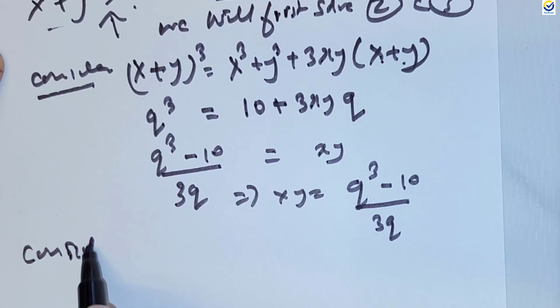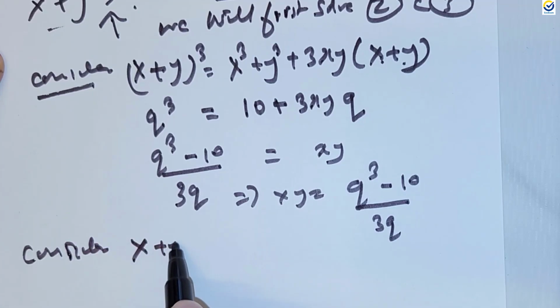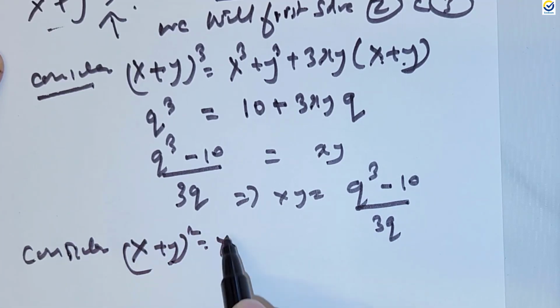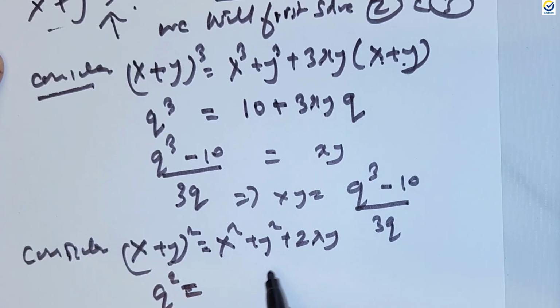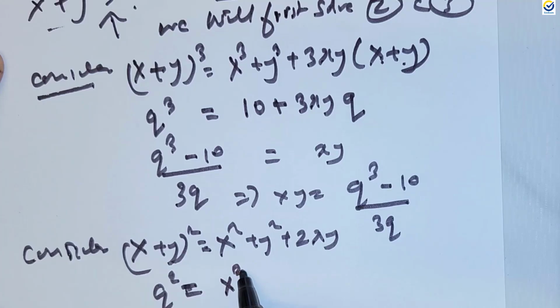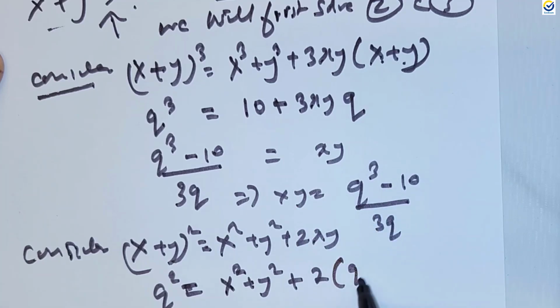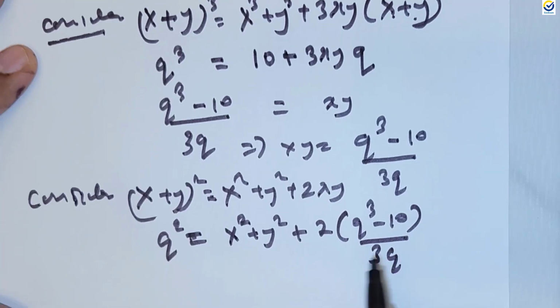Next we will consider x plus y the whole squared, which is nothing but x squared plus y squared plus 2 times xy. Now x plus y is q, so I get q squared there. Now x squared plus y squared, I will just retain it as it is for now, and then I will replace xy with q cubed minus 10 divided by 3q.